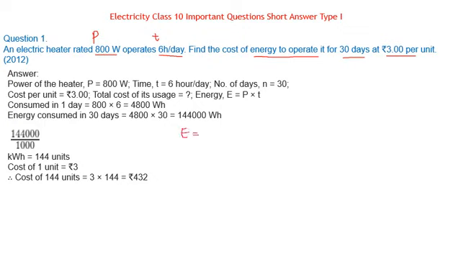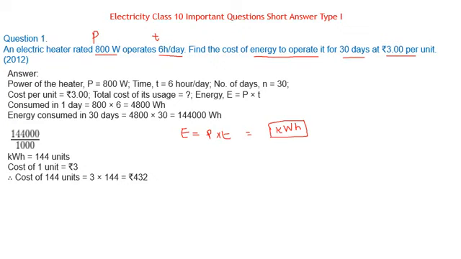The first formula of energy is P into T, power into time, right? And the unit of energy in case of commercial unit is kilowatt hour, right? Kilowatt hour is a commercial unit of energy. So we have to convert first. Let's calculate the energy here, and then we will convert into kilowatt hour.